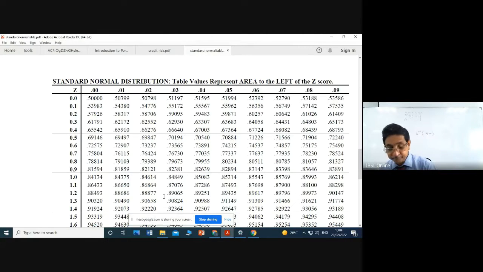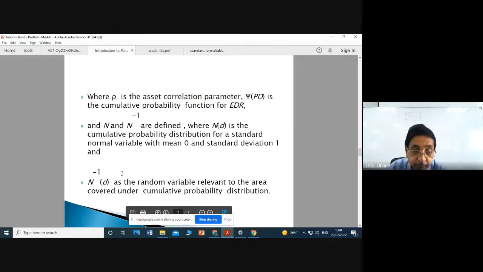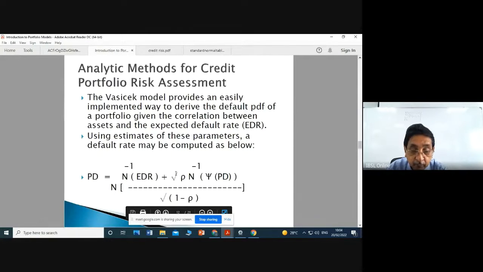Right. Now we will go to the Vasicek model. Now just look at the figure. Here the PD means the PD of the portfolio, because in order to assess the portfolio risk, you need to get the PD calculated.